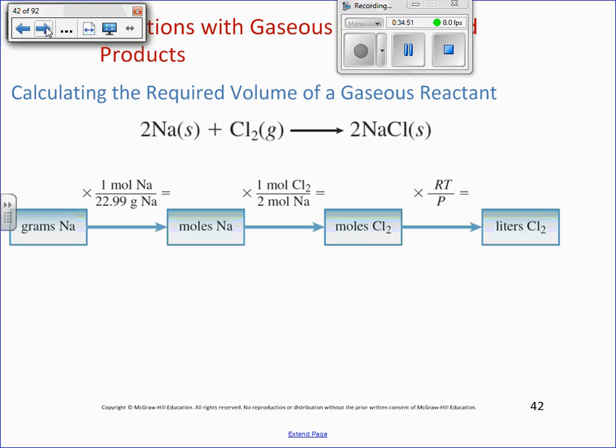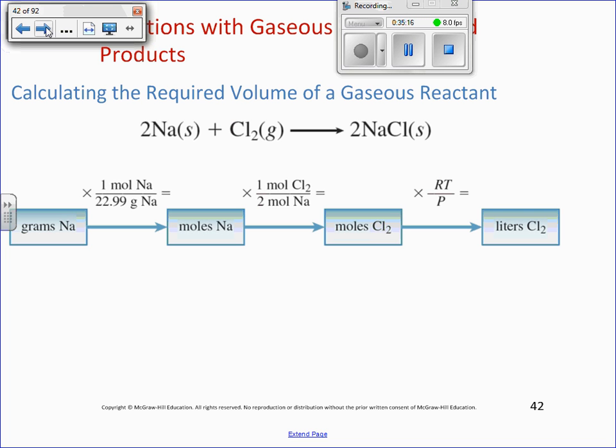Then the volume is equal to, just what we said, nRT over P. Taking the moles of chlorine, multiplying by RT over P, I can get how many liters of chlorine gas to put in there. Everybody follow that? Yes, no, no. Okay.